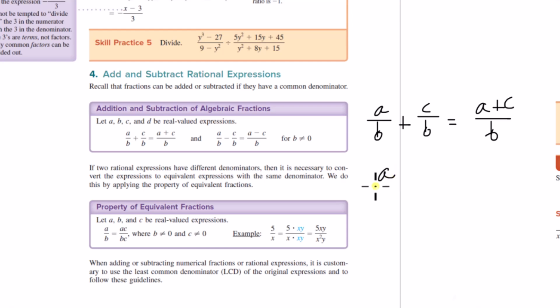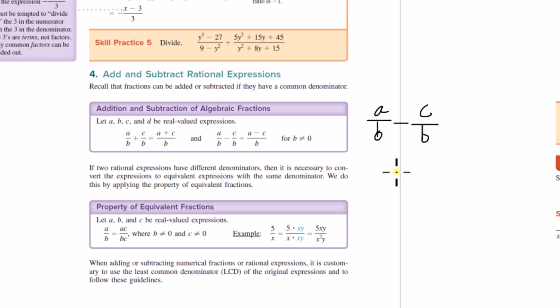But if we've got a divided by b plus c divided by d, just as this sits, we can't do anything with this. Same idea if you had a minus c, but b can't be 0.